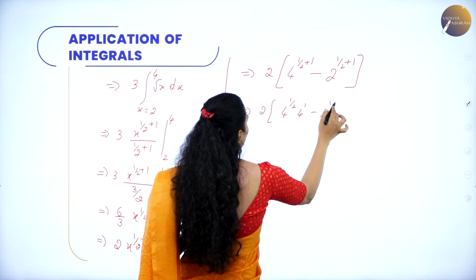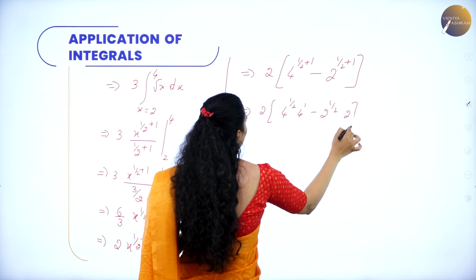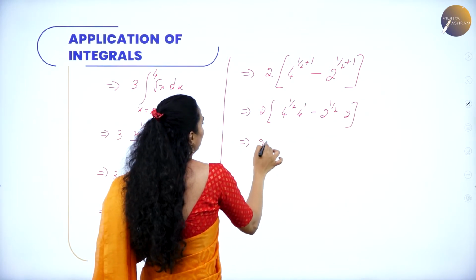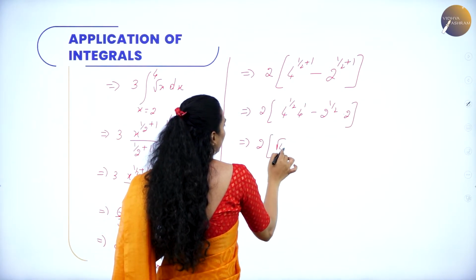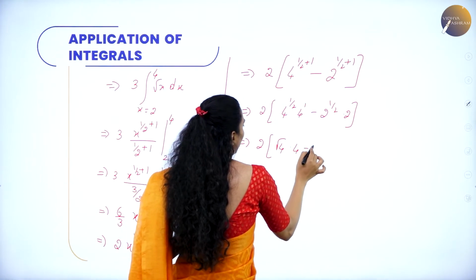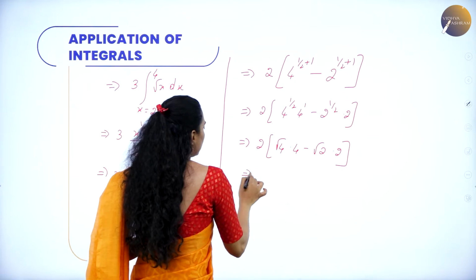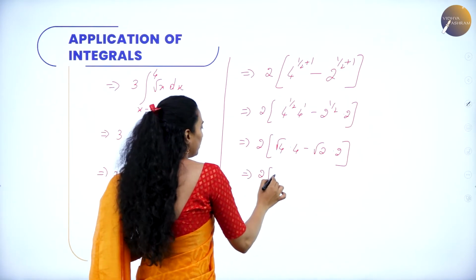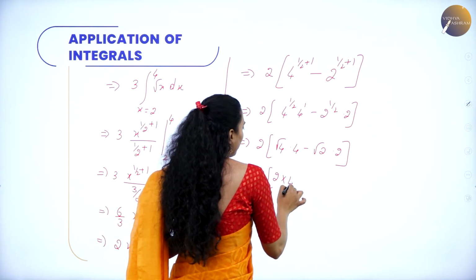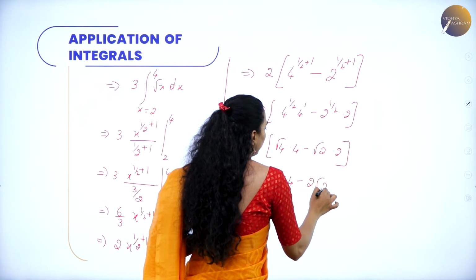Similarly 2 to the power of 1 by 2 into 2. Now this will become 2. 4 to the power of 1 by 2 is root 4 into 4, minus root 2 into 2. Again you can simplify further. 2 into 4 minus 2 into root 2.